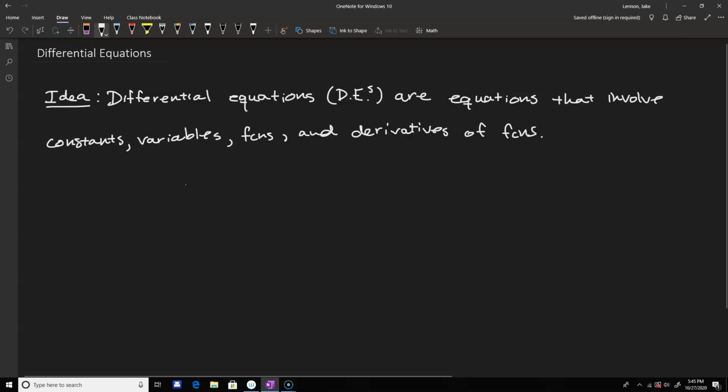So we just don't have constants and variables anymore, we also have functions and derivatives.